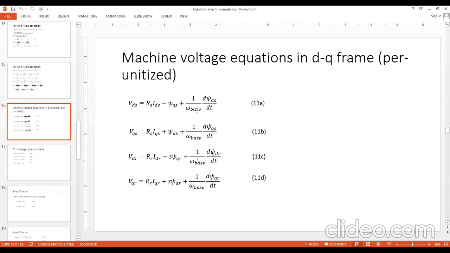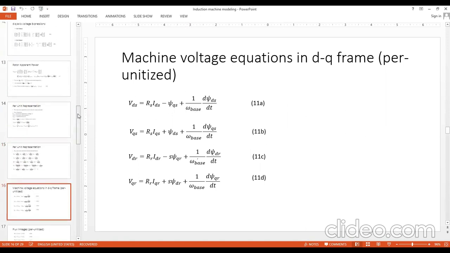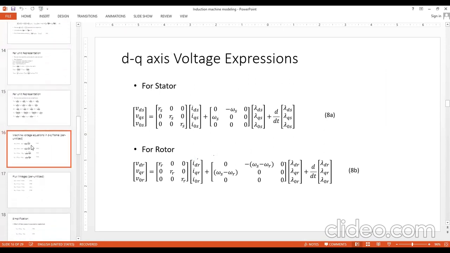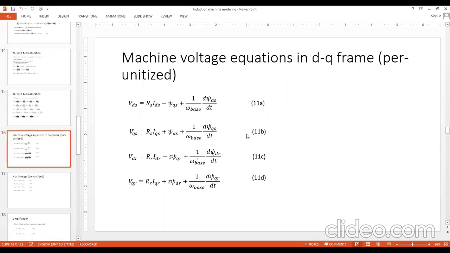You see the omega base is coming in addition to the one present in the previous equation for the voltage. In 8a, you don't see any omega base. Once you take the per unitization, then in equations 11a and 11b, you will get the VDS and VQS, and there will be some 1 upon omega base. So all symbols are in capitals, meaning all are in per unitized form.